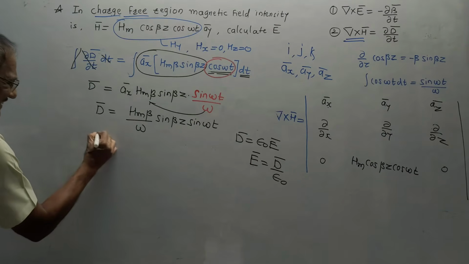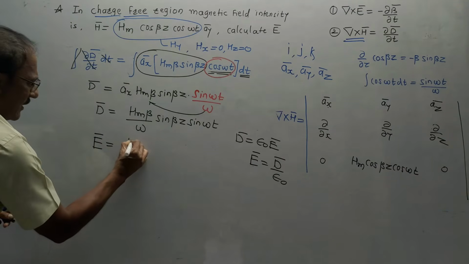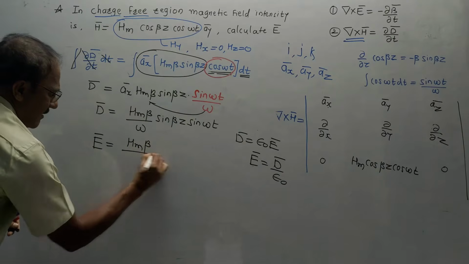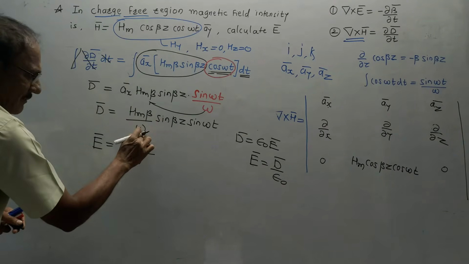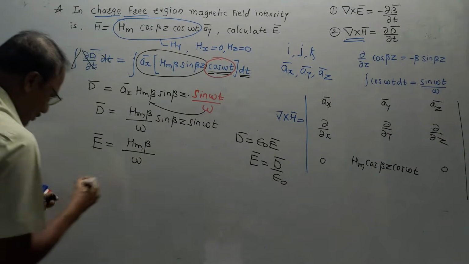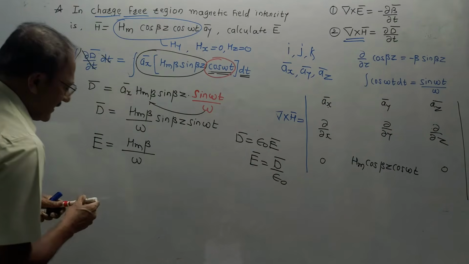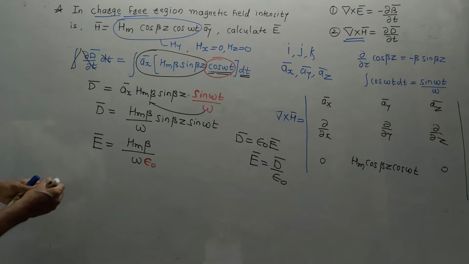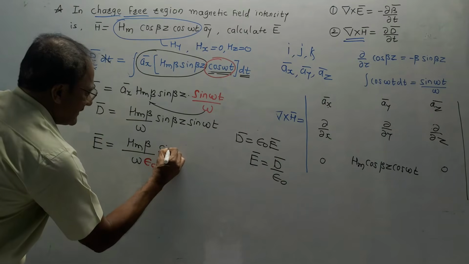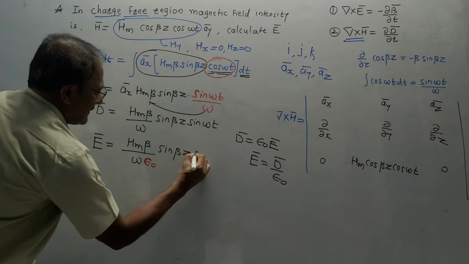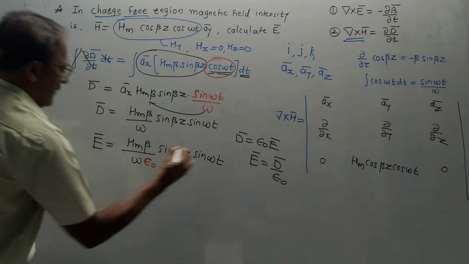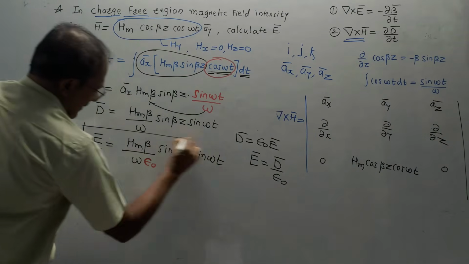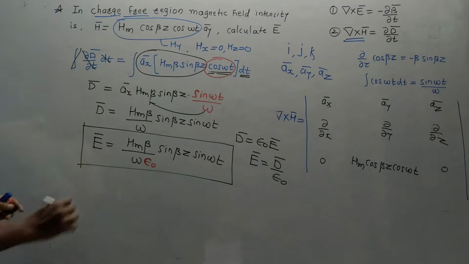So the final answer is E bar equals Hm beta upon omega, this term as it is, divided by epsilon 0, and the remaining terms as they are, that is sin beta z sin omega t. This is the final answer for E bar.